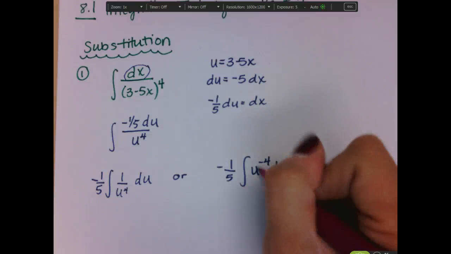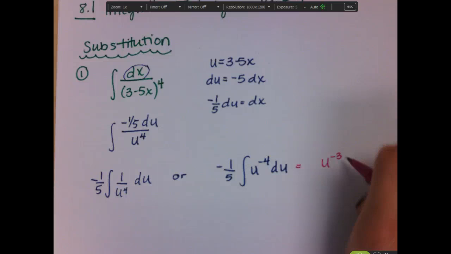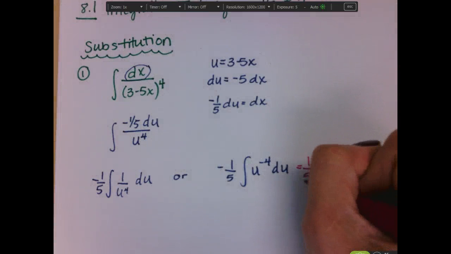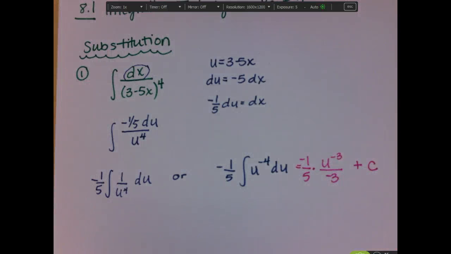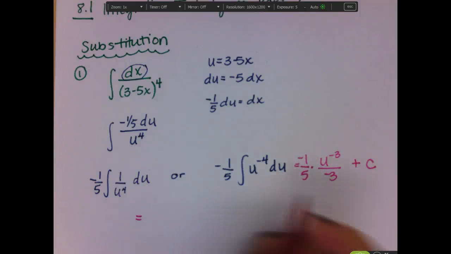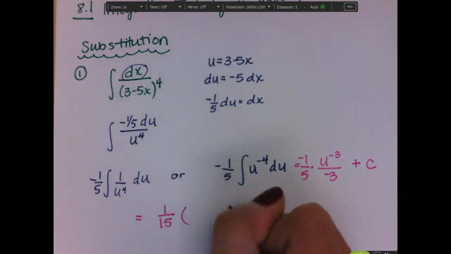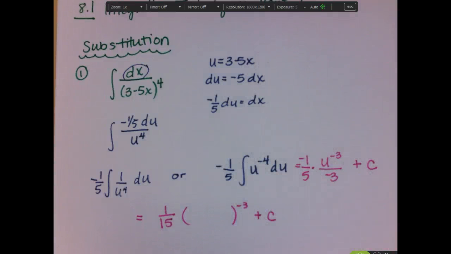So what I'm going to do here is add 1 to the power, divide by that power, multiply by the constant, and then of course we can't forget to add c. So cleaning that up, a negative here times a negative down here will give me a positive, and then I'll have 1/15 u to the negative 3 plus c.